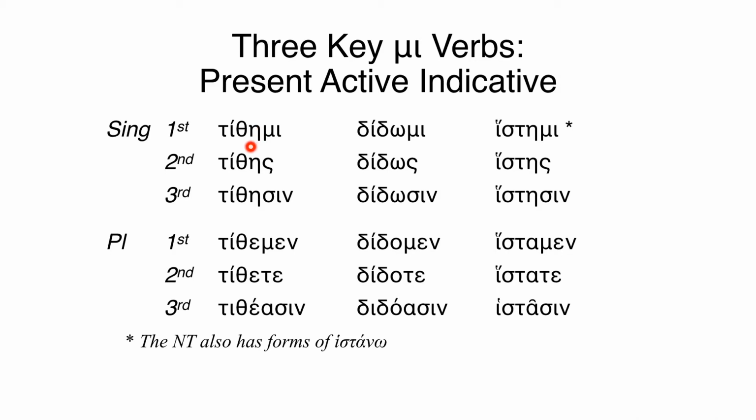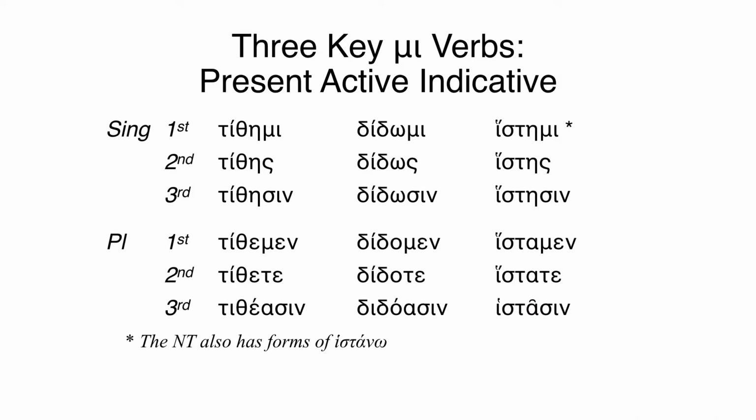The longer vowel, the eta or iota, that we see in the singular forms shortens in the plural forms to epsilon. This pattern is common throughout the three verbs. The long omega in didomi shortens to the omicron in the plural, and the long eta in histemi shortens to an alpha.